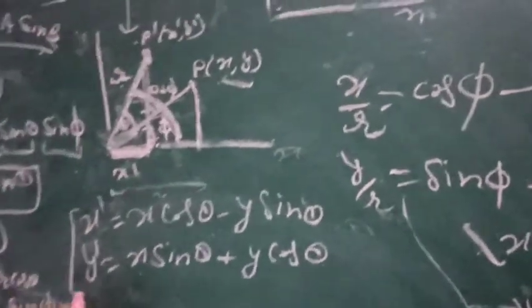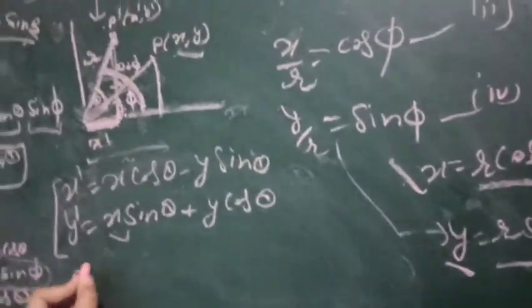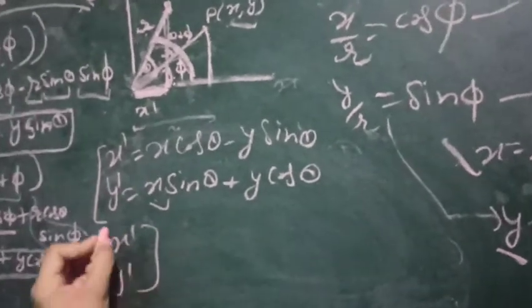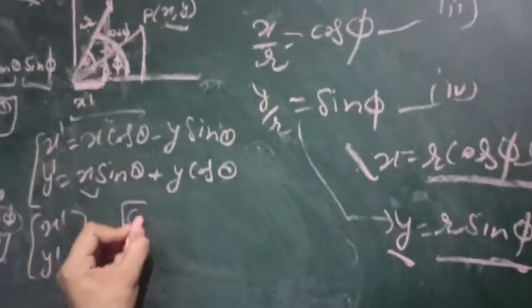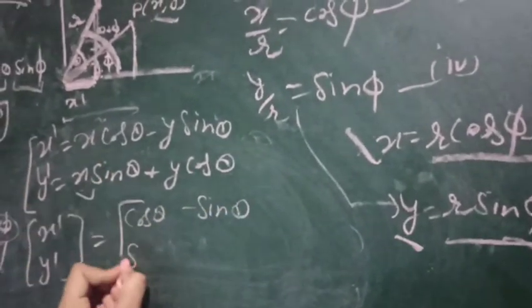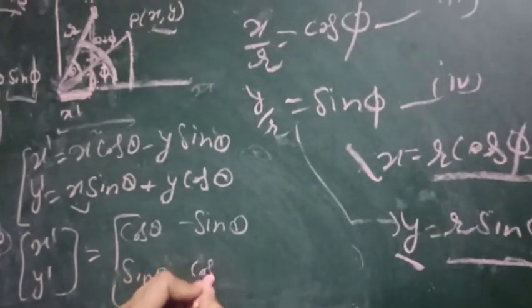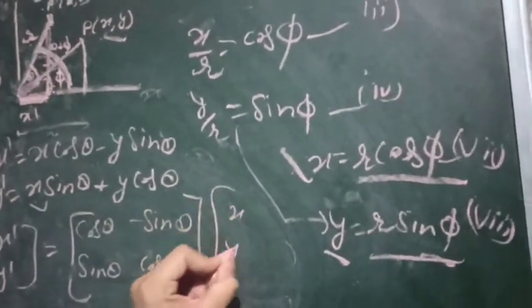Now how can we represent this in transformation matrix form? It can be represented as x dash y dash is equal to the matrix cos theta, minus sin theta, sin theta, cos theta, times x y.